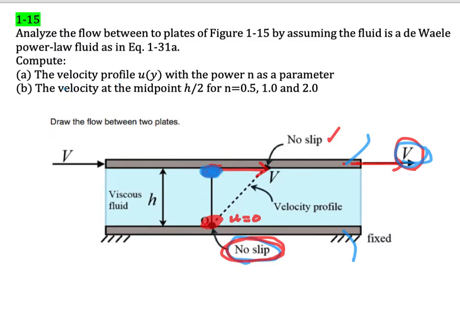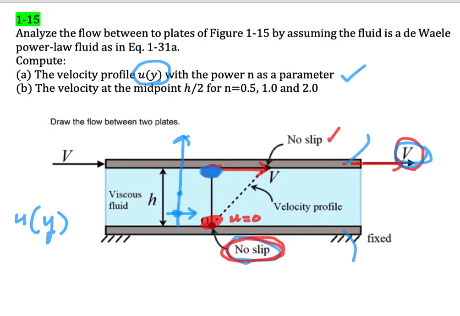Okay, so the question is, we need to determine the velocity profile, and obviously we need to find the velocity profile of u(y). So I think you already know the idea of u(y) here. u(y) means the velocity u in terms of the y axis, actually we need to see the velocity difference along the y axis. u here is the velocity in the x direction, as we learned in the differential method.